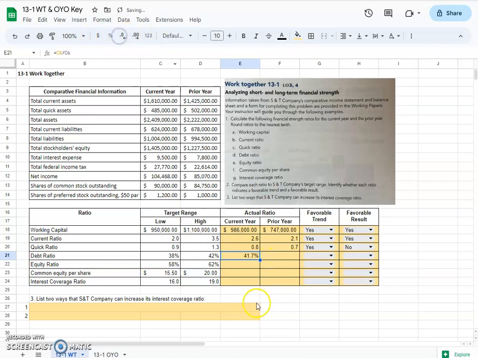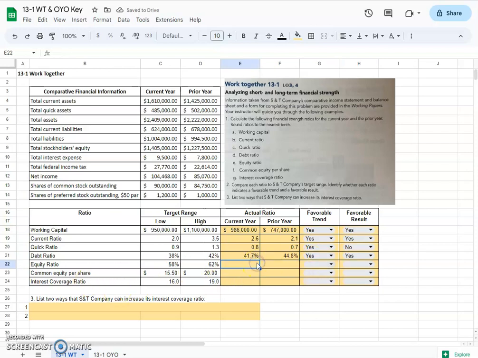With 1 decimal place, it's 41.7%, down from 44.8% the previous year. Are we within the range we want, 38 to 42? Yes, we are. We were too high in the prior year, but now we're down within the range. So that is a favorable result and a favorable trend.